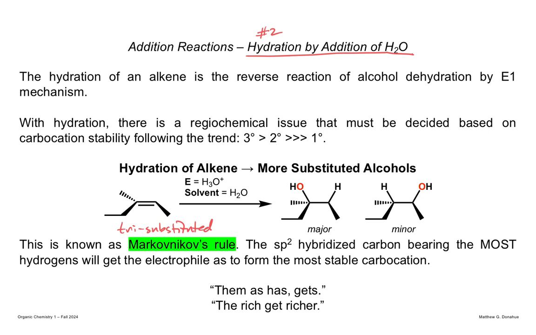Since it's not symmetric, it will matter what carbon gets H and what carbon gets OH. The two possible products are shown here. We have the major one, which is a tertiary alcohol, and then the minor one, which is secondary.